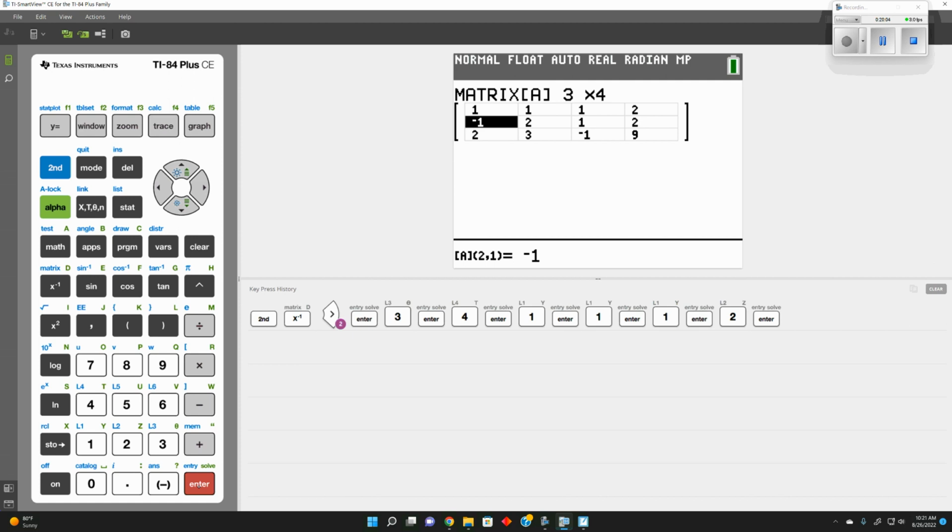Whenever you get to the final end of the row, you hit enter, it'll bump you down to the next one. For that one, we can do 2, 3, 1, 3.